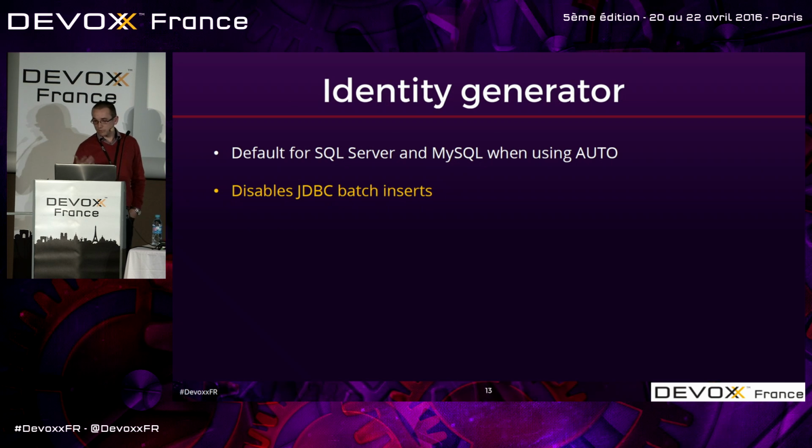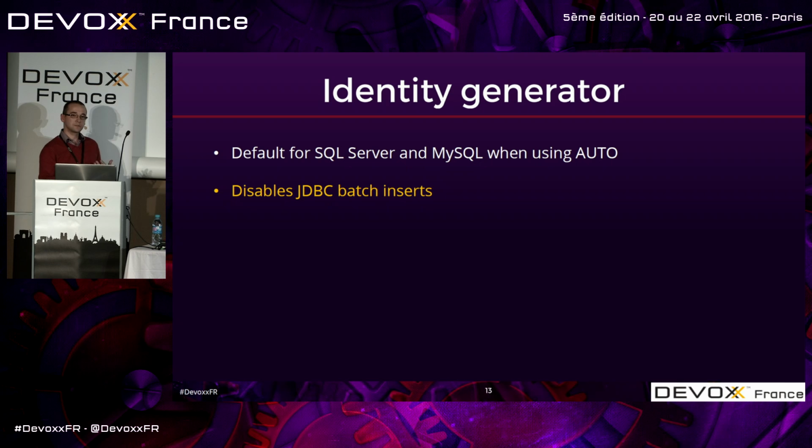For instance, the identity generator, which is by default chosen for SQL Server and MySQL, if you are going to use that, Hibernate is going to disable JDBC batch inserts. That's because of the way it uses the first level cache. Once you persist an entity, it doesn't mean that it's going to generate the insert statement, because that only happens during the flush.